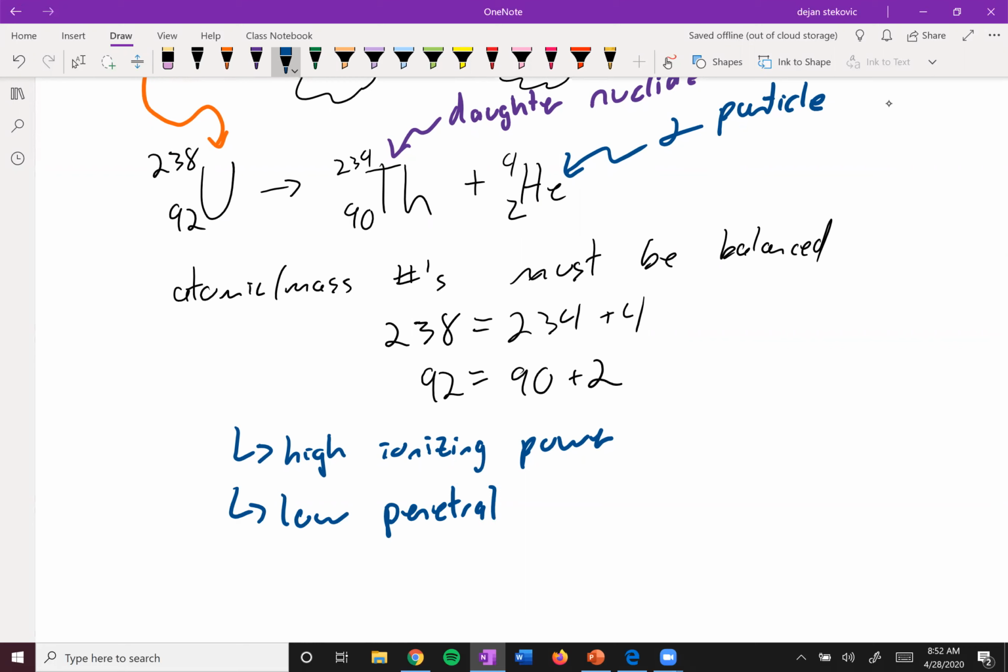And so even a piece of paper can stop an alpha particle. Our sun is constantly shooting out alpha particles, but those get stopped easily by the atmosphere. And so even though it has high ionizing power, it has low penetration, so it's overall relatively safe. Assuming you don't consume it. If you consumed it, then it'd be bad news bears there.